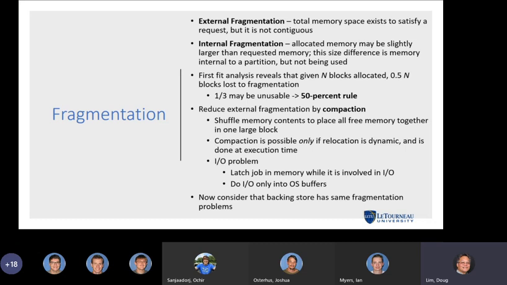Basically you're shuffling memory to place the processes in contiguous blocks again and gather up large blocks of free memory. Compaction is only possible if relocation is dynamic and is done at execution time. Otherwise, this scheme won't work. And again, we have the complexities of managing the I/O in and out.